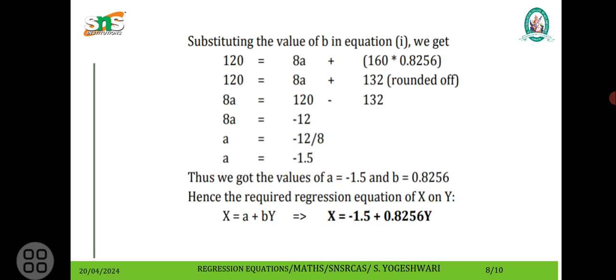Thus we got the value of a as minus 1.5 and b as 0.8256. Hence the required regression equation of x on y is x equal to a plus by, that is, x equal to minus 1.5 plus 0.8256y.